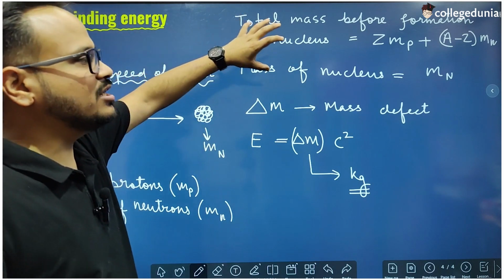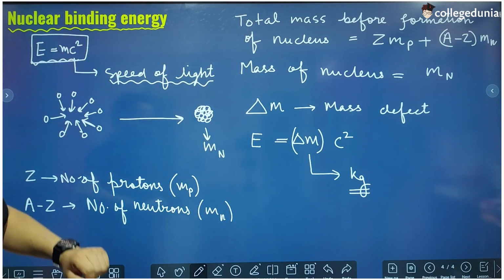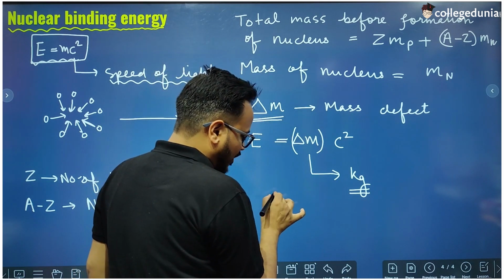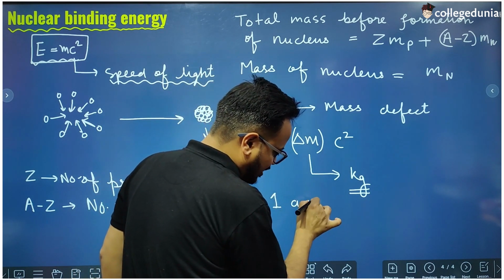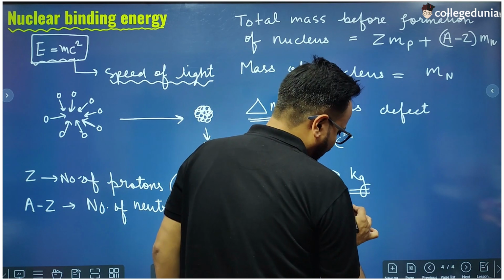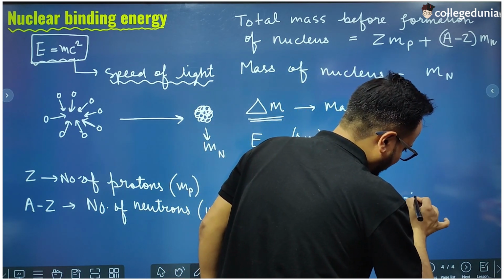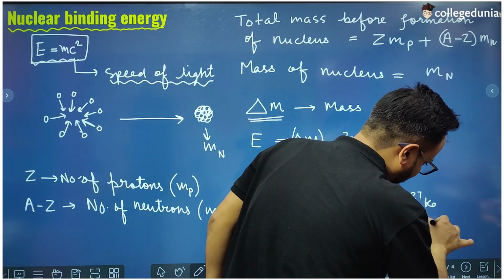These masses are generally given in AMUs, which is atomic mass unit, so this delta M will come out in atomic mass unit. So 1 AMU, 1 atomic mass unit, is 1.67 into 10 raised to power minus 27 kg.